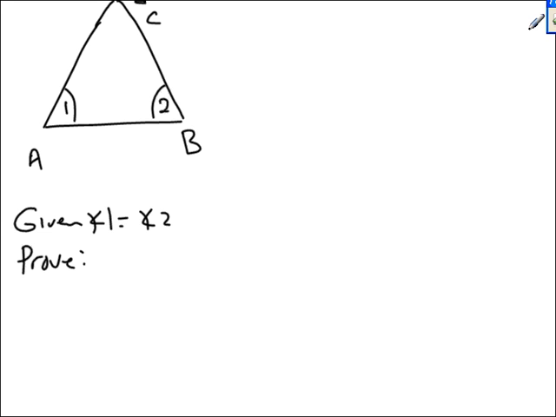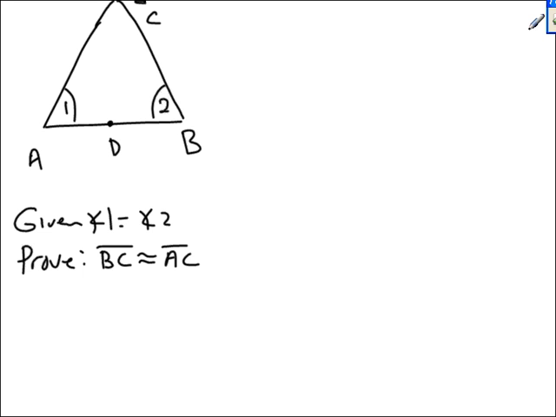And you want to prove that the opposite sides, opposite angle 1 is BC, and you want to show that that's congruent to the side opposite B, which is line segment AC. And I guess we'll prove it the same exact way.